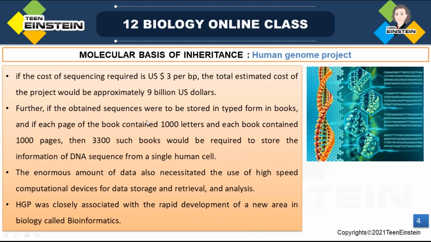And once you obtain the sequence, where will it be stored? In typed format, in the form of books, where each page contains 1,000 letters and each book contains 1,000 pages. Then 3,300 such books will be required to store the information of the DNA sequence from a single human cell. That's the main thing.